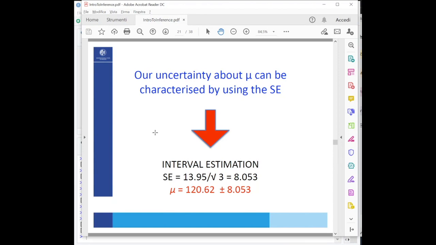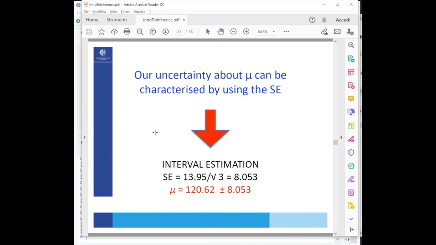We give an interval, and in this interval the real mean is captured. So we are not making a mistake at the moment if we say so. So the mean is 120.62 plus or minus 8.05, and we got it.